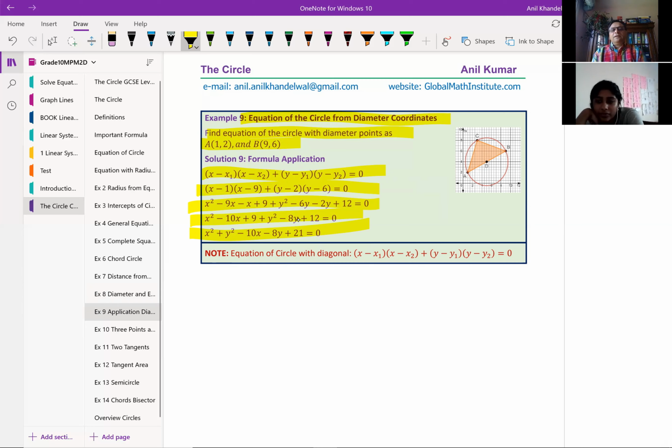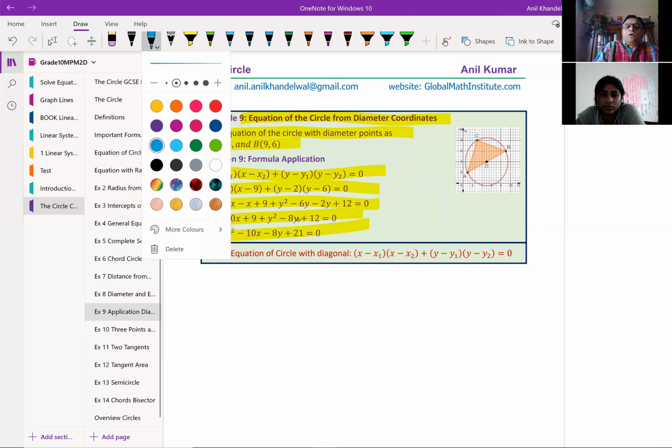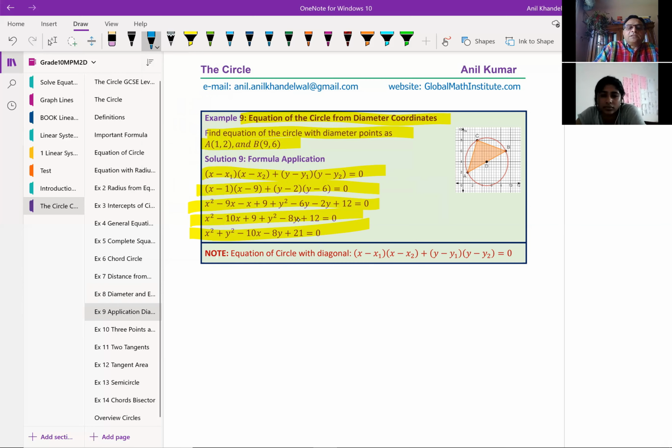Now, if you do not know this formula, then what will you do? Your alternate method will be to first find the midpoint, which will be the center, and then find the radius: the distance from the center to one of the endpoints.